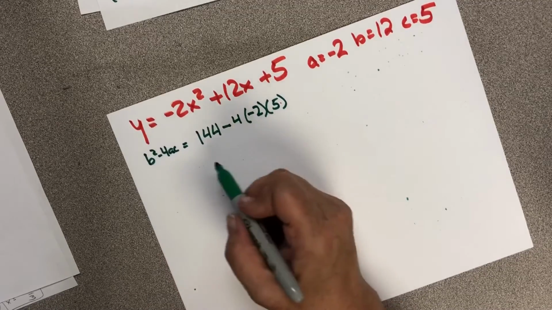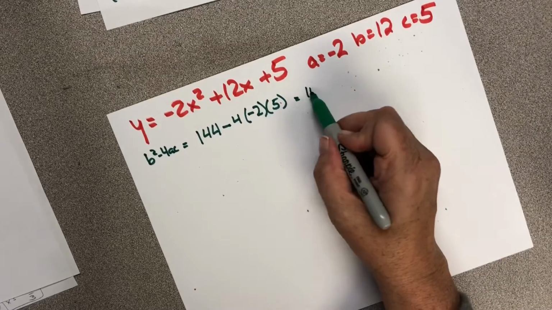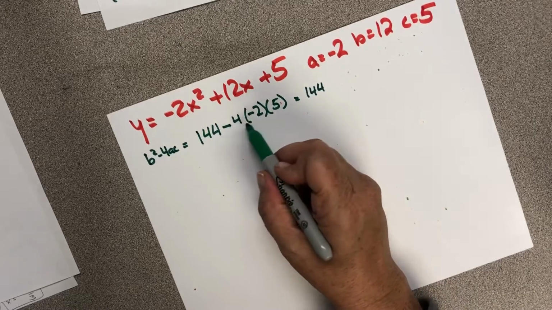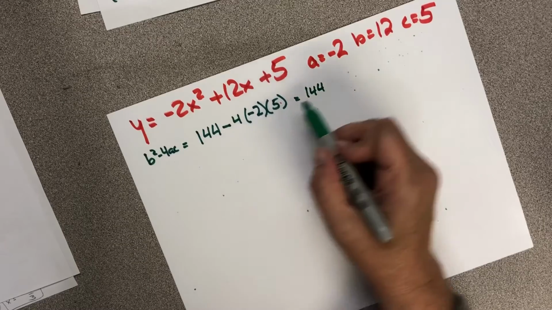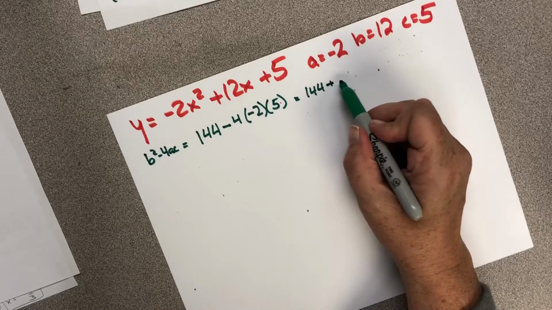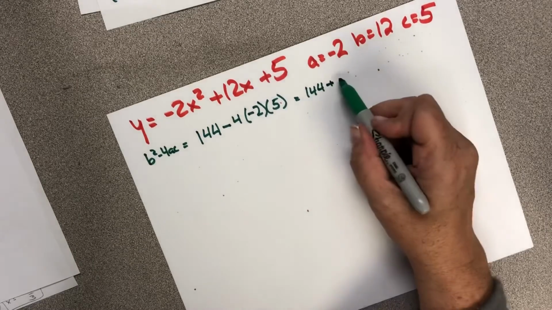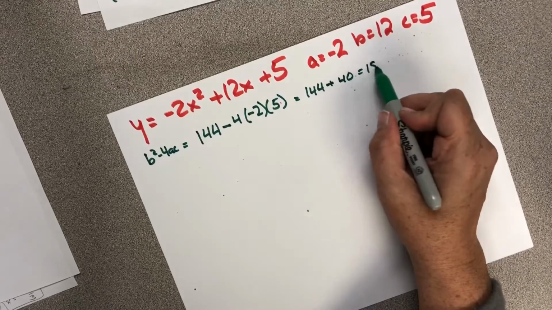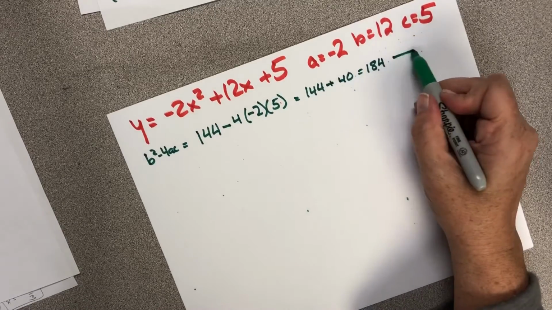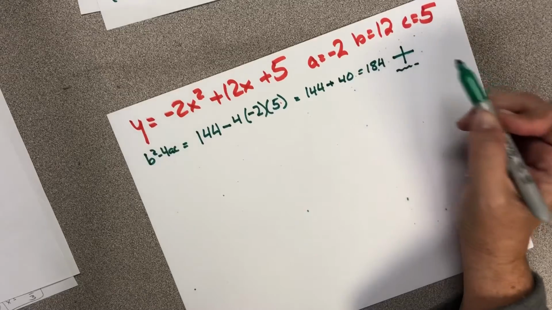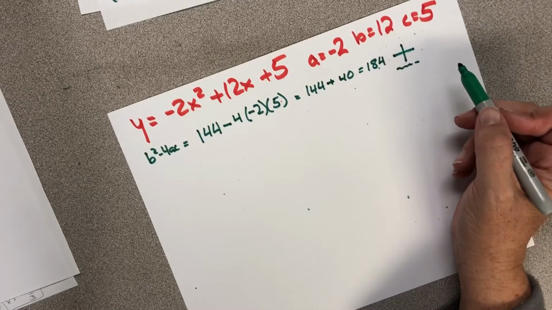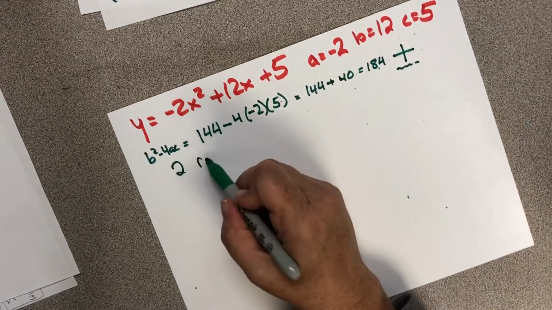The discriminant is just the radicand. That equals 144. Negative times a negative, that's positive 8 times 5. Positive 8 times 5 is 40. So our discriminant is 184. That's a positive discriminant. When the discriminant is positive, you're going to have 2 real roots.